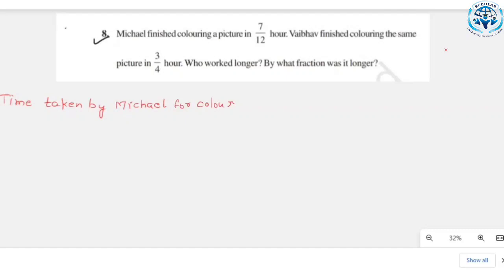What should we do? Yes, now we will convert both the fractions into their equivalent fractions. First of all, we will find out the LCM of 12 and 4.